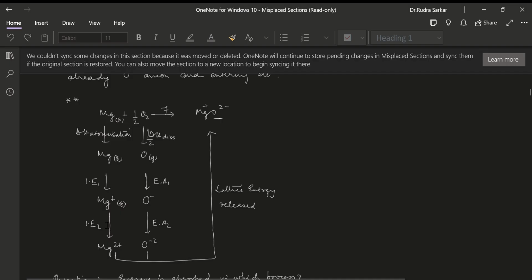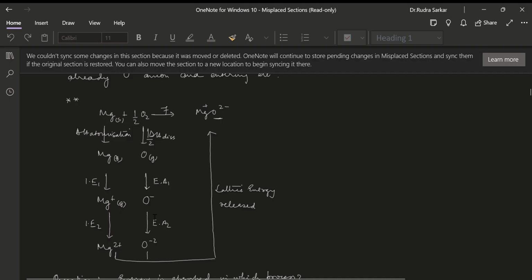The first one, the second one, and we already know by now that if you're trying to take out an electron from an already positively charged cation, then we need more energy. So successive ionization energies are always higher. So IE1 will be less than IE2. And here we have EA1, but for the next one, this is exothermic, this one is endothermic, right?